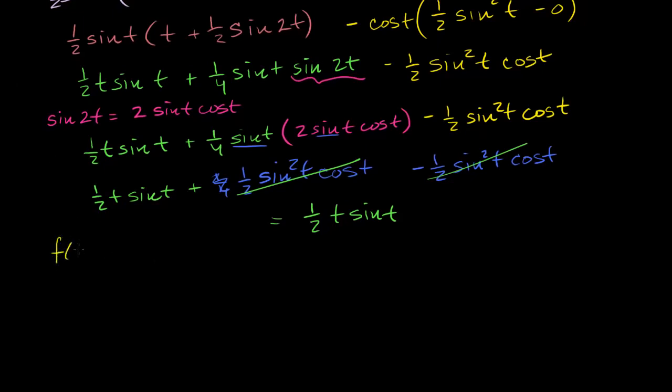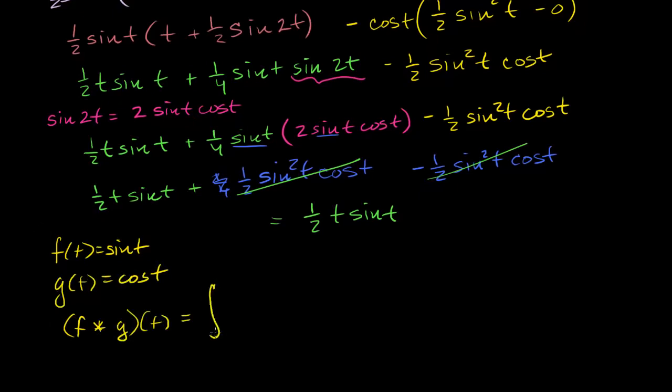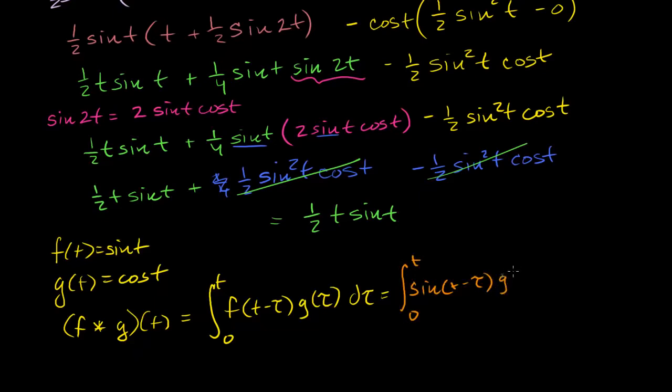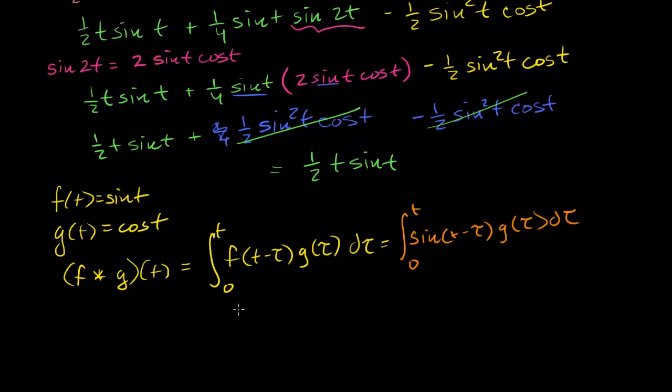But if we write that f of t is equal to sine of t, and g of t is equal to cosine of t, I just showed you that the convolution of f with g, which is a function of t, which is defined as the integral from 0 to t of f of t minus tau times g of tau d tau, which was equal to the integral from 0 to t of sine of t minus tau times g of tau d tau, that all of this mess, all of this convolution, it all equals, and this is pretty satisfying, 1/2 t sine of t.